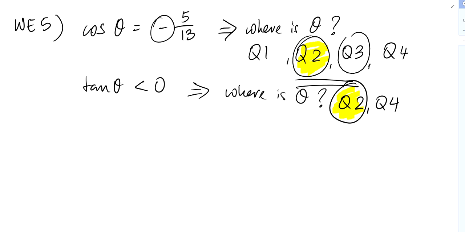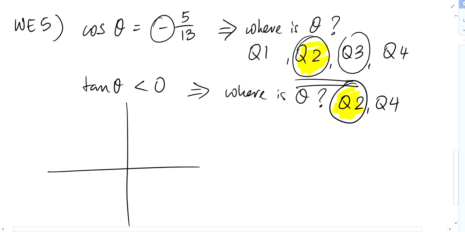I want to be able to solve for sine theta and tangent theta. So I'll sketch it out. We know it is in the second quadrant. Sketch with me. Horizontal, vertical axis. Second quadrant, draw a line across like that. Simple. Okay? Where is theta? Where must it start from?